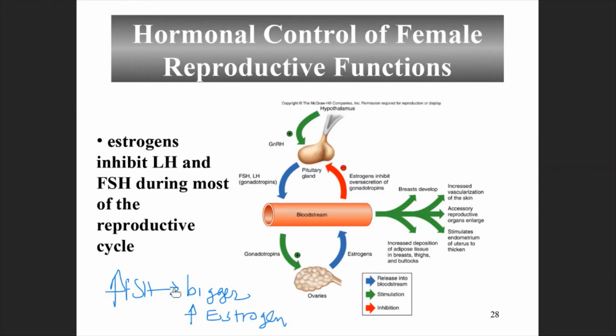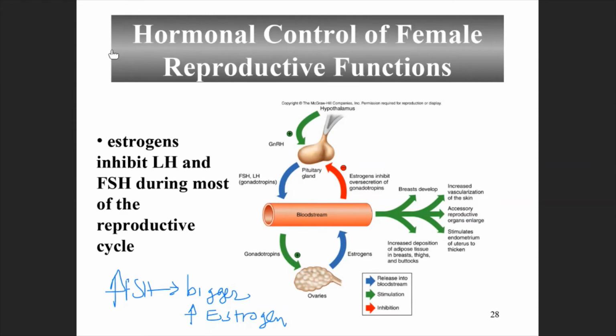At the same time, if the estrogen level is very high during the middle of the 28-day cycle, the surge in the estrogen causes the LH to be released from the anterior pituitary. LH has two major functions I told you already. One is ovulation, and the other is to stimulate that ruptured follicle to become the corpus luteum. And corpus luteum produces progesterone.